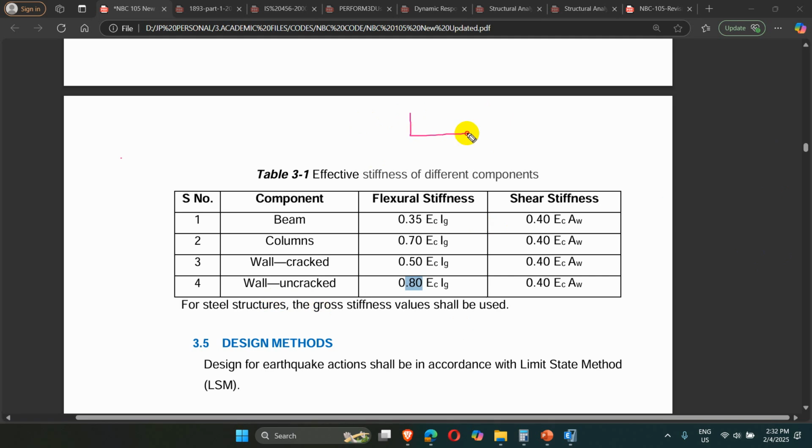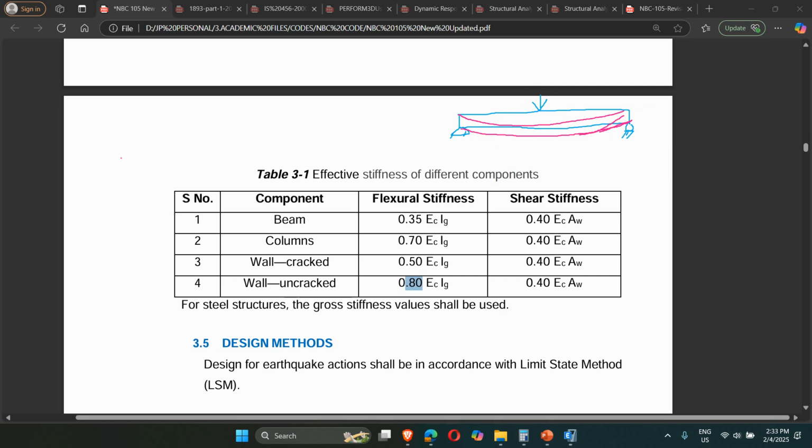For example, suppose this is a simply supported beam, and an external force is applied on the beam and the beam deflects like this on the application of force, making the top fiber compress.